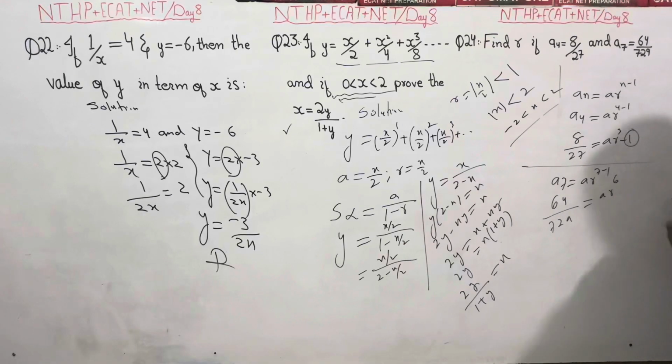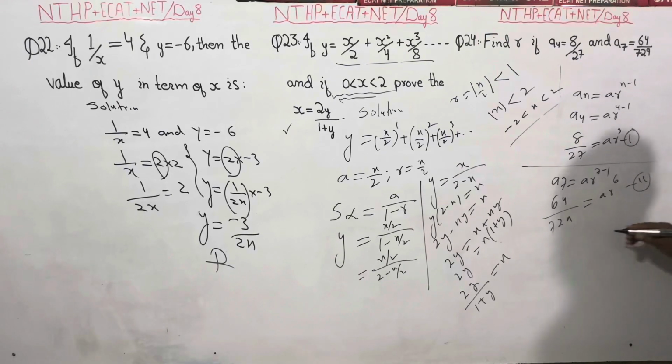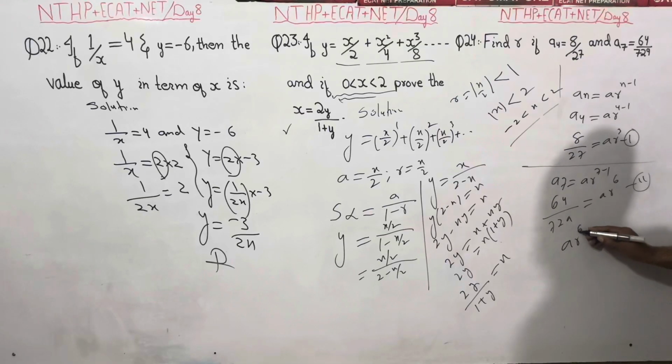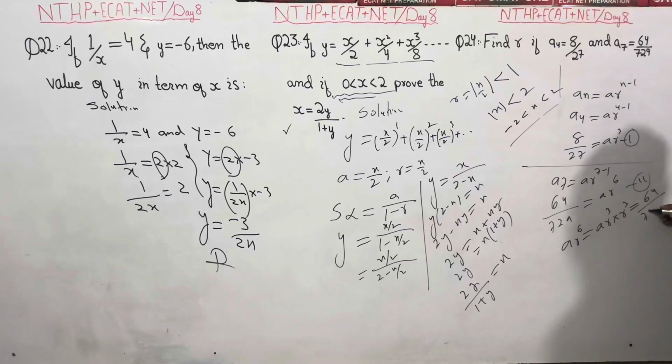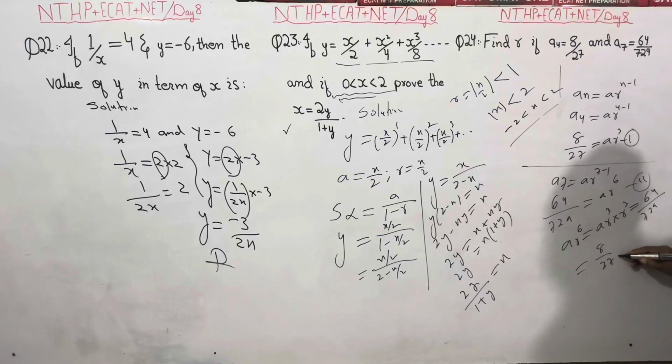Now there are two possibilities. Divide the greater quantity by the smaller one, or the smaller by the greater, or directly put the value of a r cube here. a r to the power 6 can be written as a r cube times r cube, which is equal to 64 over 729. The value of a r is 8 over 27, so 8 over 27 times r cube is equal to 64 over 729.